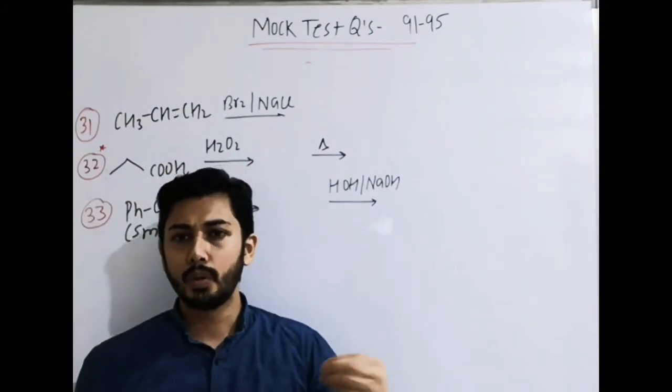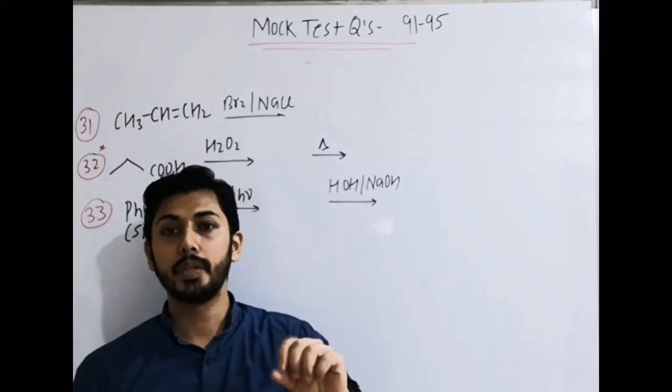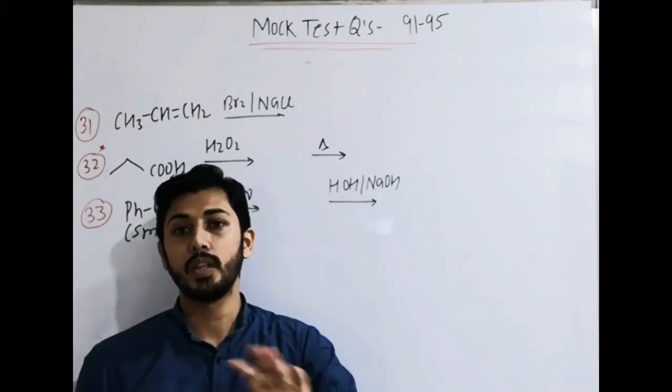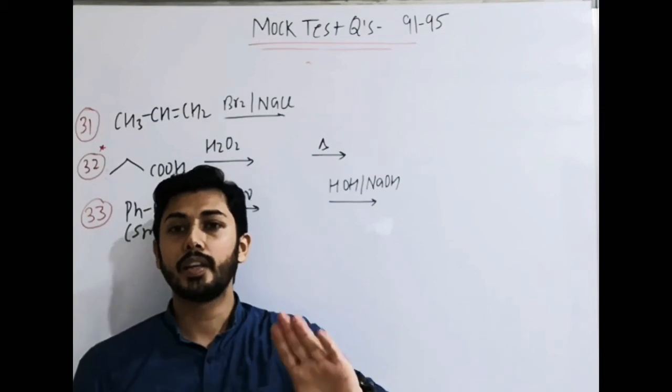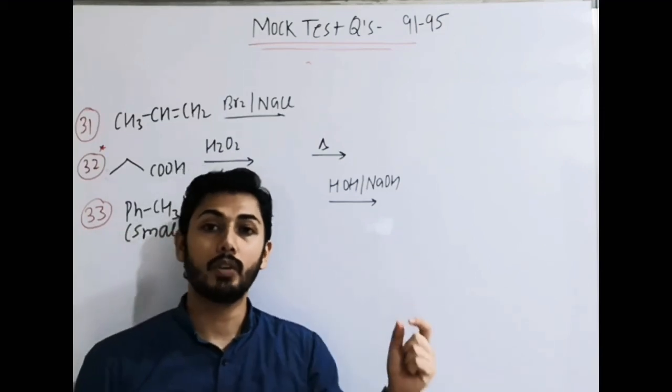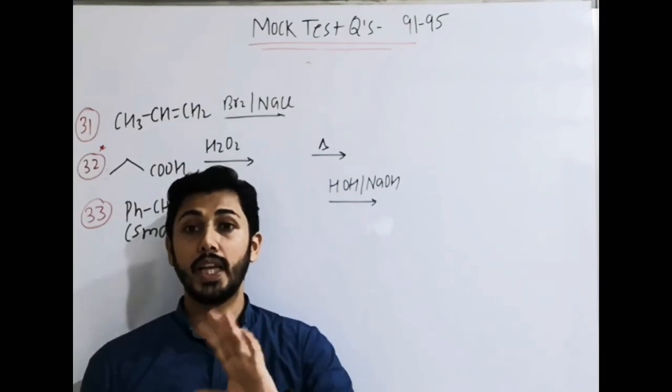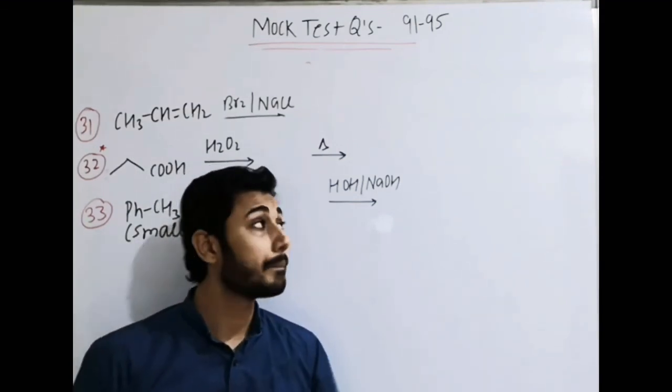Okay, any new information based, less important new information based, or any very good question like the Wurtz reaction question was there. It is really good. Why? Because generally symmetrical alkanes are formed, and they have given one option with a symmetrical alkane, but the term pure butane is mentioned.